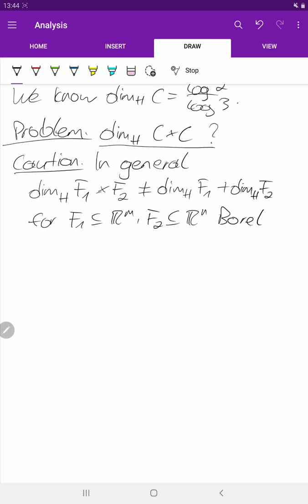So what's the dimension of the product of two Cantor sets? And I claim that in this case we don't have any pathology, so this equality, which I said is in general not true, in this case it's actually true.